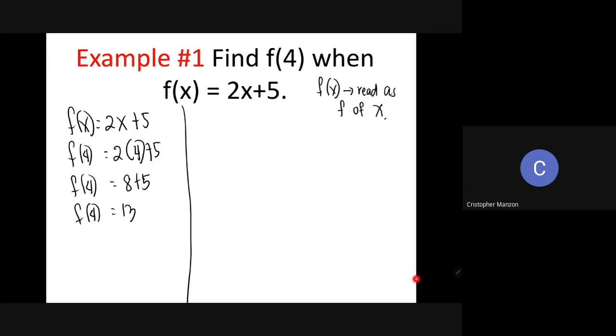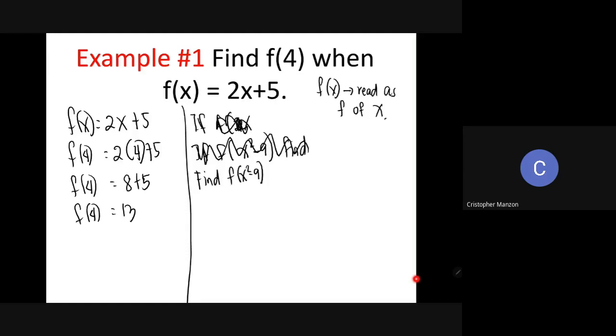Now, what will happen if f is equal to 2x, not 2x. If f is equal to x squared minus 9, find, baliktad, find, sorry, find f of x squared minus 9 when f of x is equal to 2x plus 5.